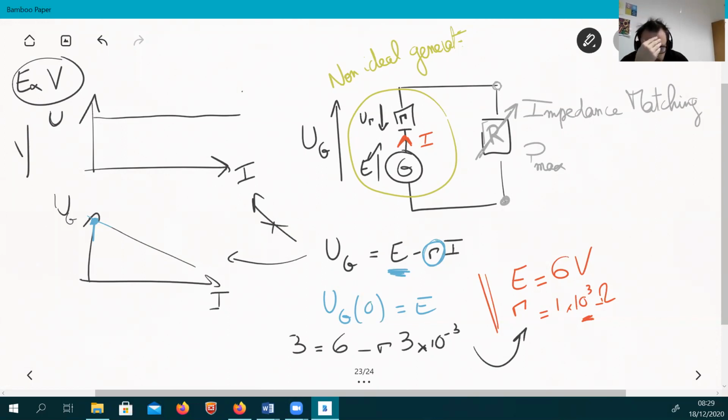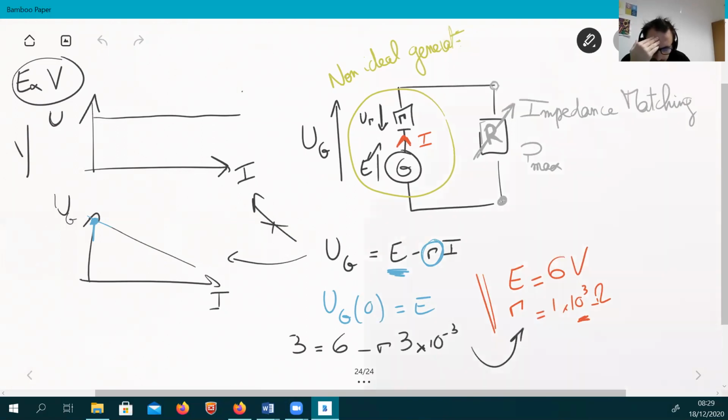Your electric guitar has a specific internal resistor, and the same for the amp. So the idea here, and this is what we're going to do later and also in the lab, is to see how I can choose this resistor here, which can vary, to get the best power out of my amp. Okay, but we will see this later.